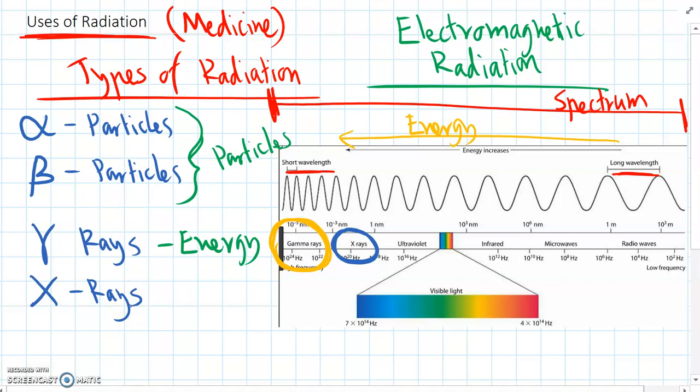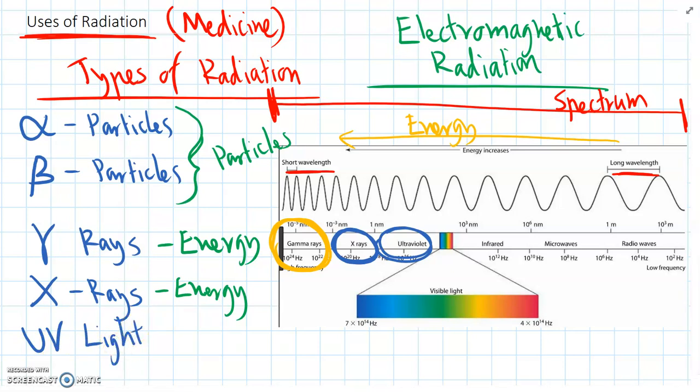So it's still a type of radiation, and it's another type of energy radiation. And then further up again, we get ultraviolet light. And UV light is what can burn our skin, and it's the main cause of sunburn. So again, that's another form of energy.